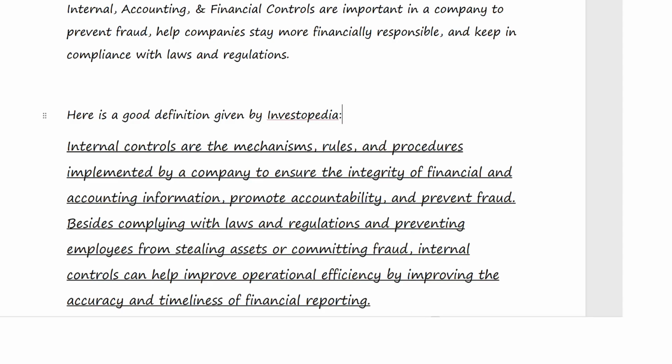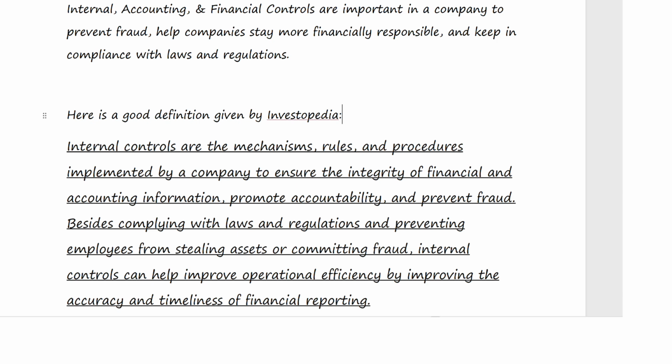Our next thing is to talk about our internal controls, which help evaluate financial accounting. They're important to prevent fraud and help companies stay more financially sound and responsible. Investopedia has a good definition.